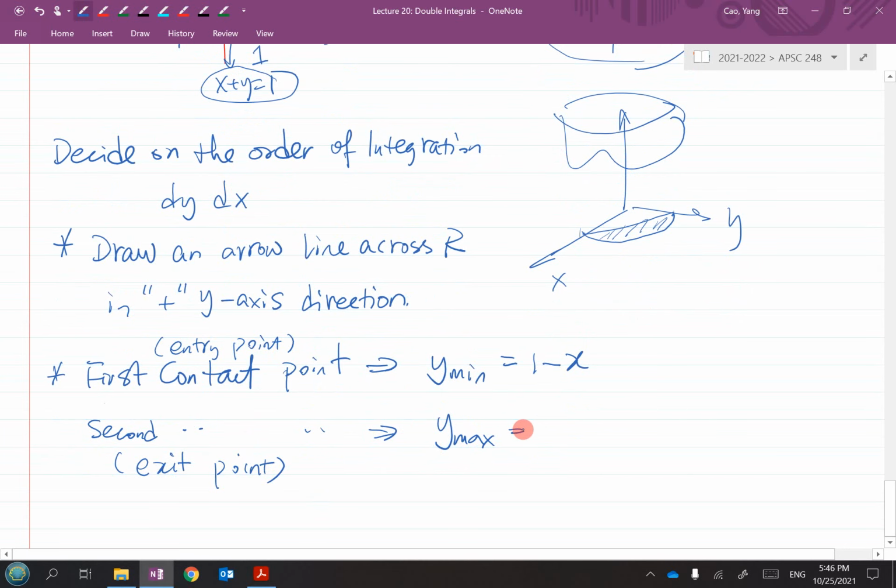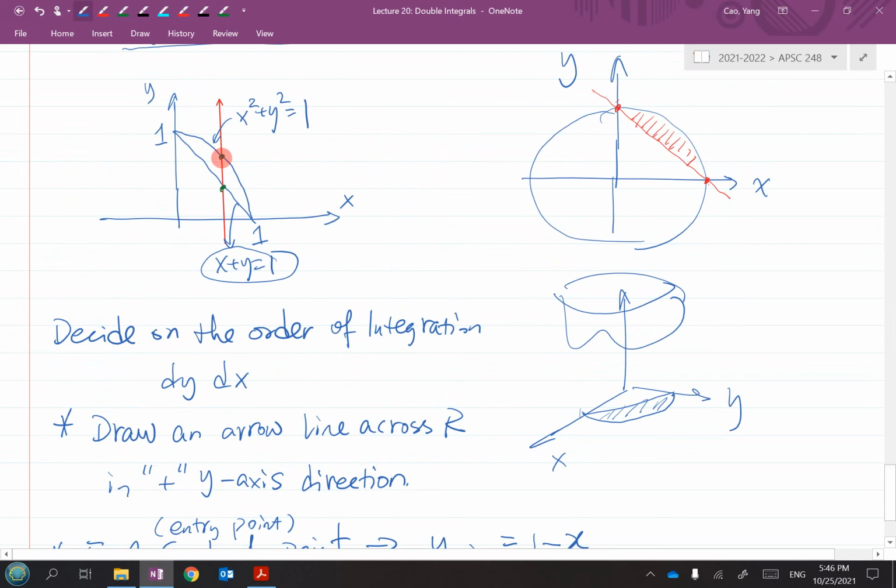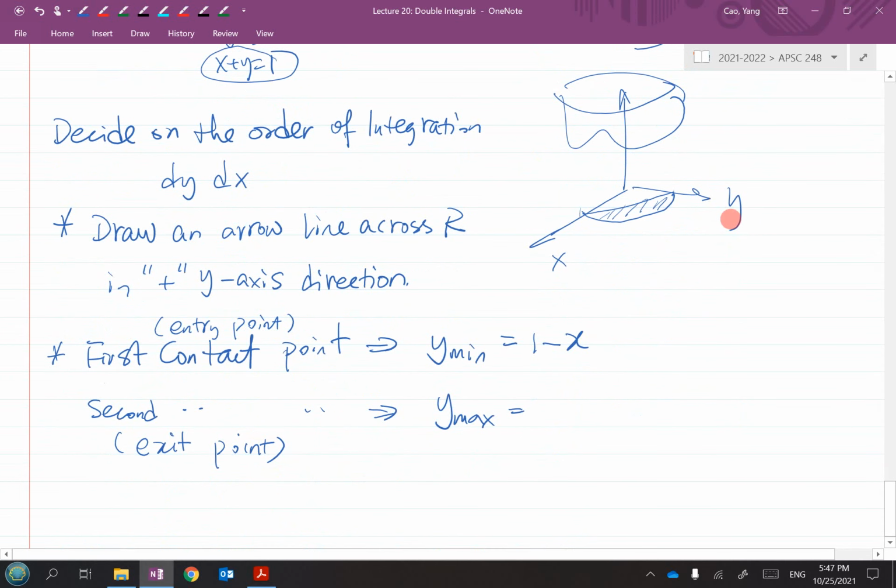So as you can clearly see, the second contact point always falls on that circle. So the expression for y max should come out of this circle equation here. Because this is a circle in the first quadrant, you get the square root of 1 minus x squared.